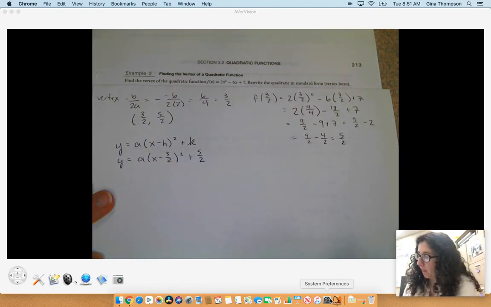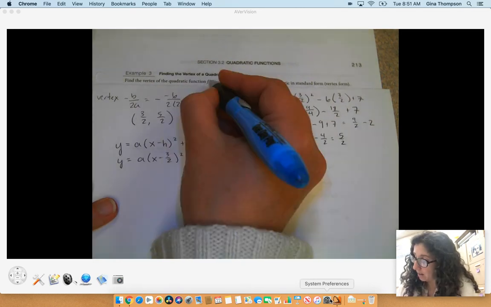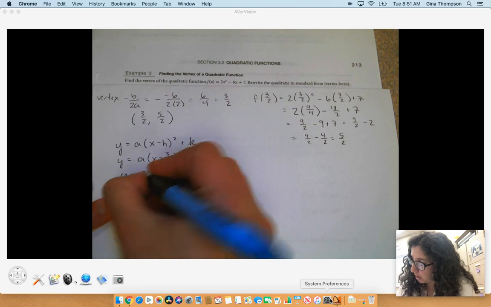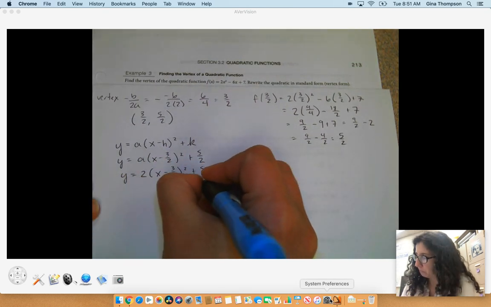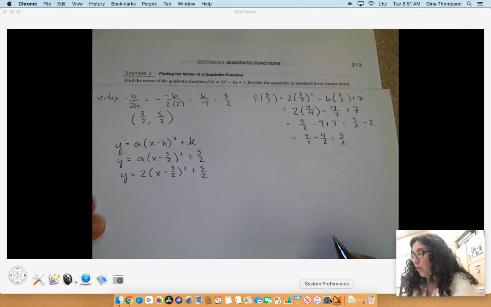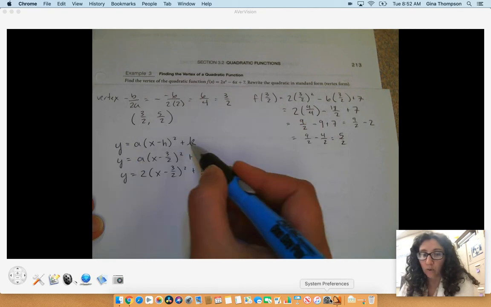And our a is going to be the same. We know that this a is going to be 2. y equals 2 times x minus 3/2 squared plus 5/2. All right, so we could find the vertex and then write this in standard form.